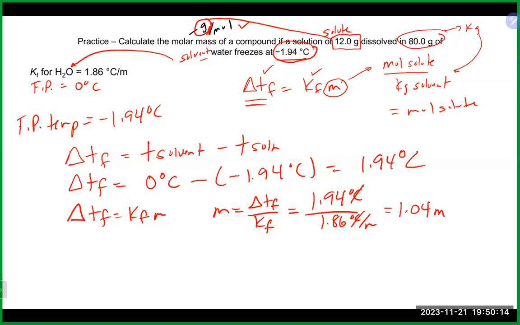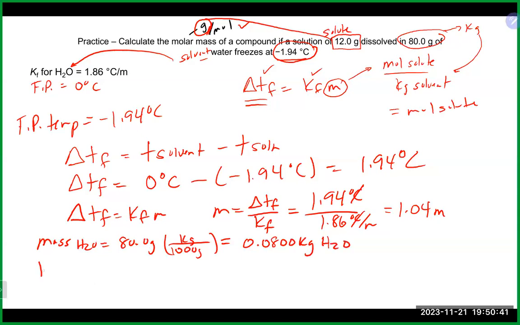So that is what we're going to use to get the moles. We do need to do a conversion of our solvent from grams to kilograms. So the mass of our solvent, which is our water, is 80 grams, and there are 1,000 grams in a kilogram. That will get us 0.08 kilograms of water.